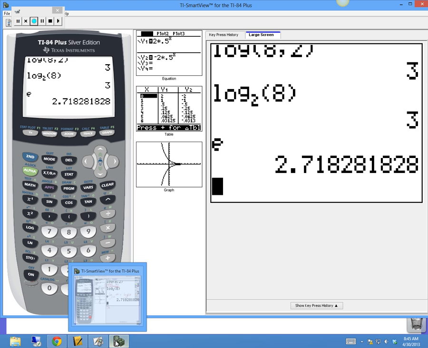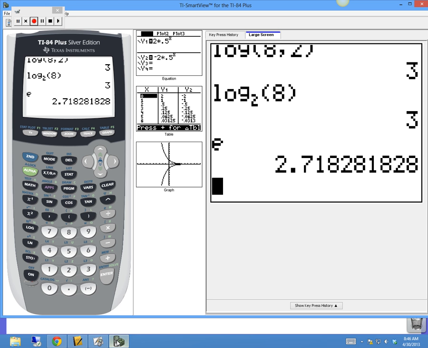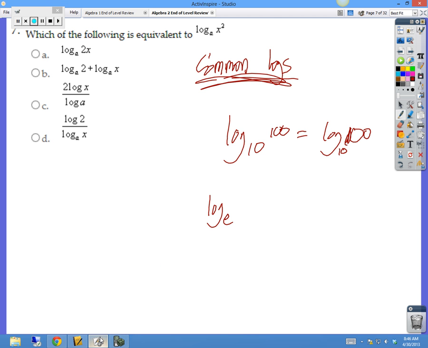E is used quite a bit in the world of finance and in the world of science. Log in base E is called the natural log. The natural log is the same as ln. So if you have ln of 4, that is the exact same thing as log base E of 4.